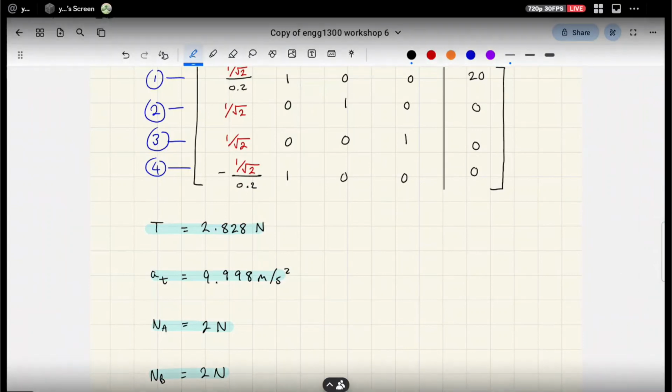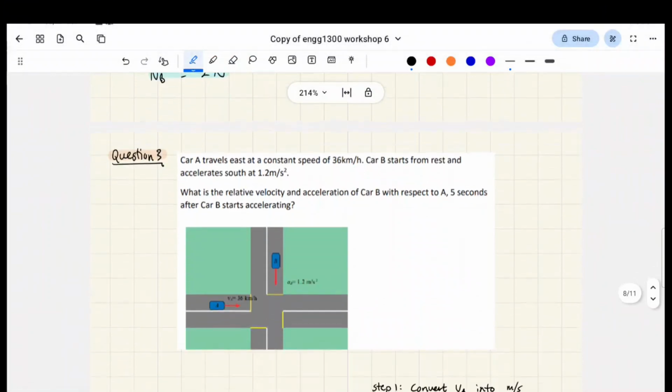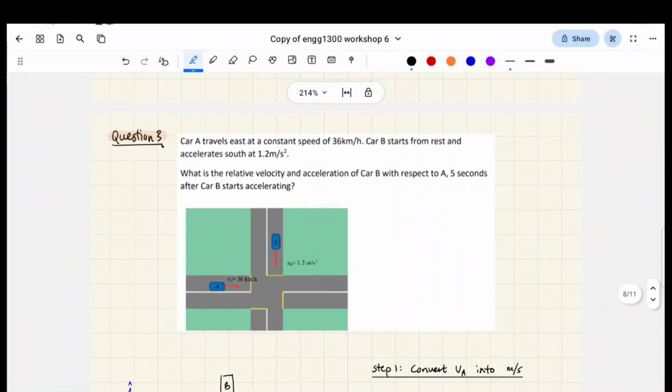Okay, we're going to keep moving on. So this question says, car A travels east with a constant speed of 36 kilometers per hour. Car B starts from rest and then accelerates south at 1.2 meters per second squared.